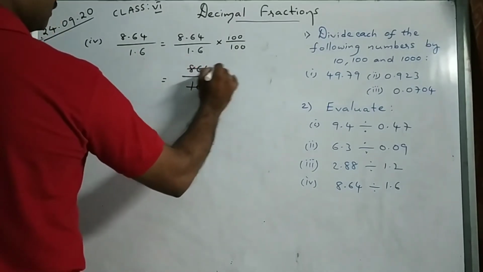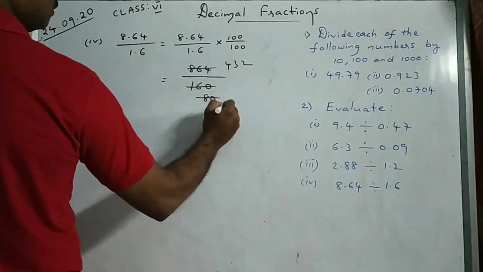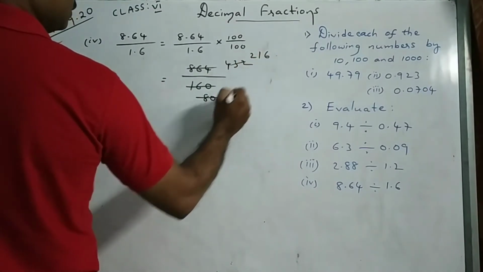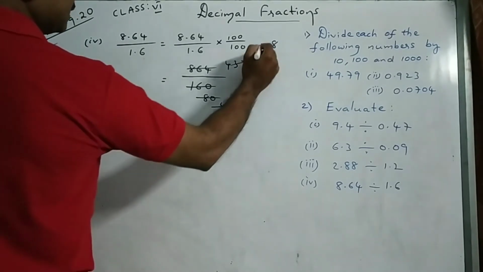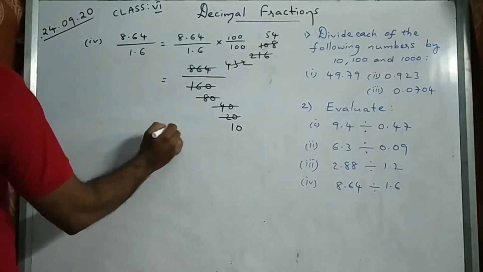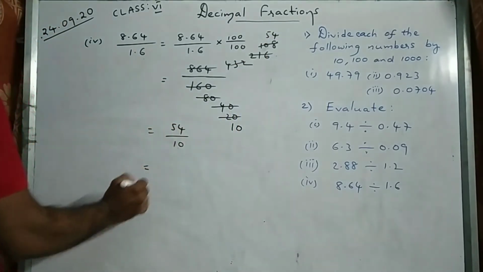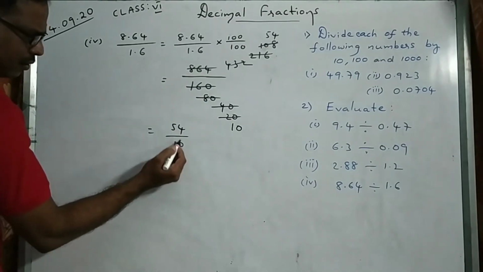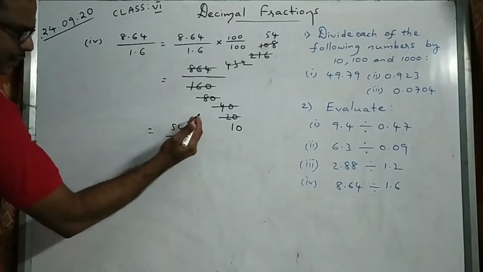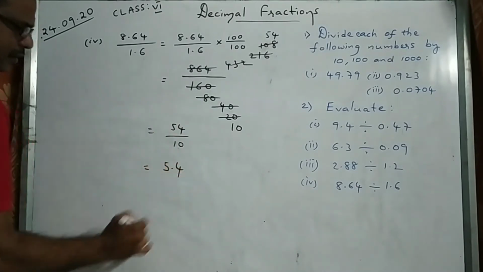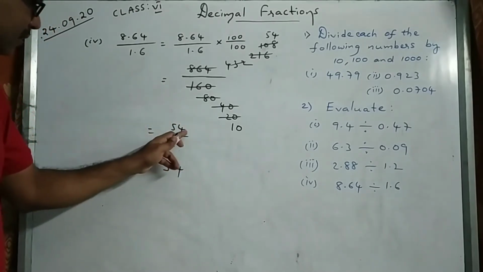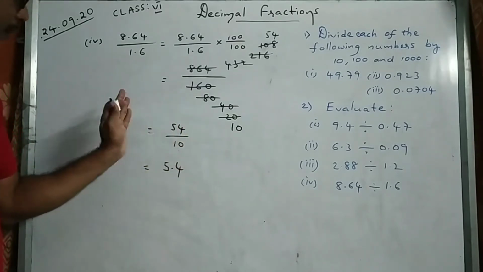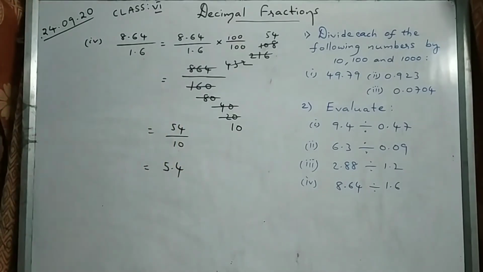Then cut it by 2s to get 54 by 10. Here I told you simply, here we have 1 zero, and here we have 54. After 1 digit I can keep the decimal. Here we have 1 zero, so the decimal point we can keep after one digit, 4 before, that means left side. So before 4 we must keep the point, 5.4. So the answer is 5.4.